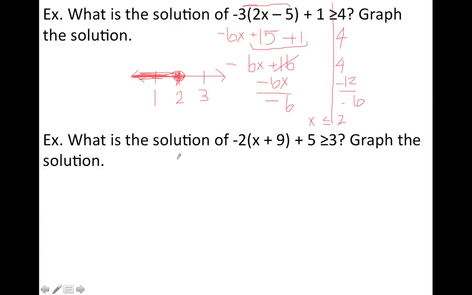Alright, after you solve this out, you should get x less than or equal to, so less than sign, negative 8. Notice how the signs switch, because you should have been dividing by a negative 2.